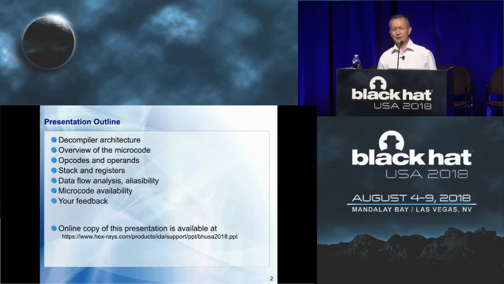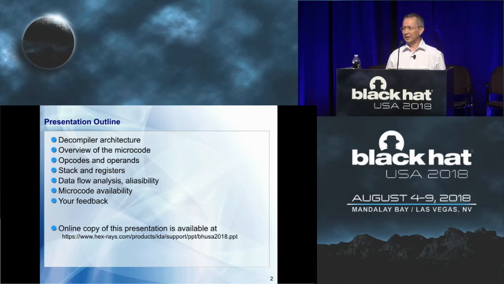This is a presentation outline. We will discuss the decompiler architecture, and then we will go and check how the microcode is built in the decompiler. Then we will talk about the opcodes and operands. This is the most interesting part of the talk.